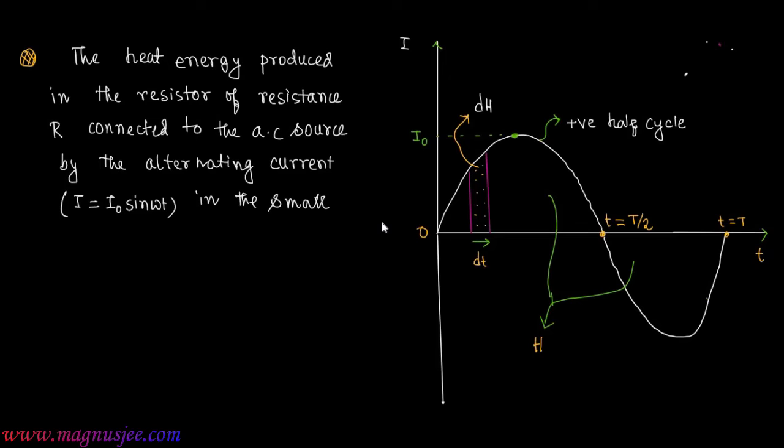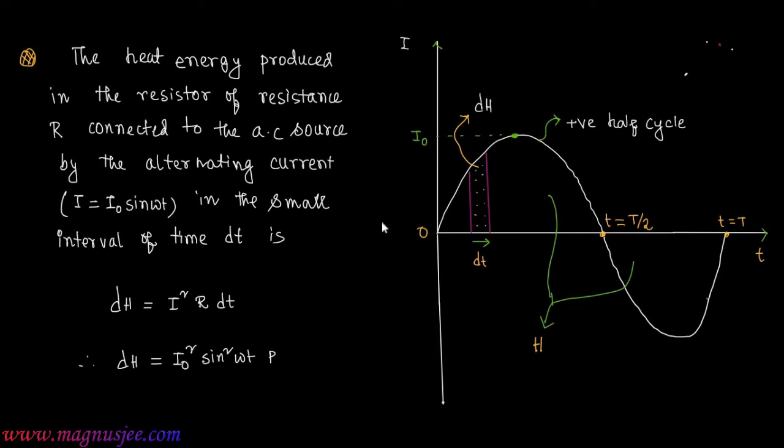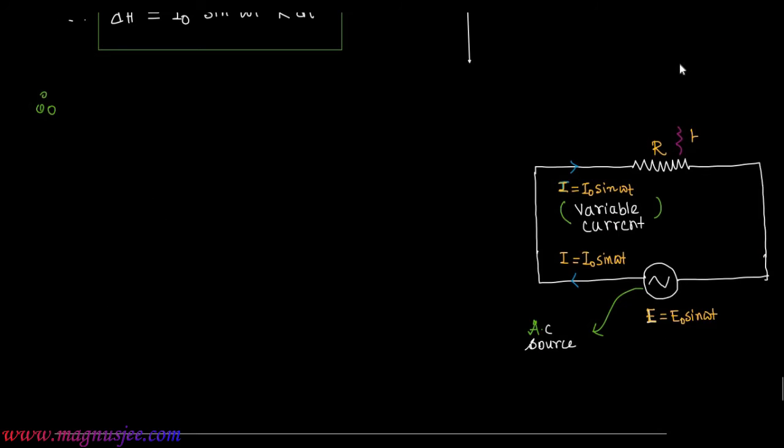The heat energy produced in the resistor of resistance R connected to the AC source by the alternating current I equal to I0 sine omega t in a small interval of time dt is given by dH, which is I square R dt. Therefore, dH is equal to I0 square sine square omega t R dt.